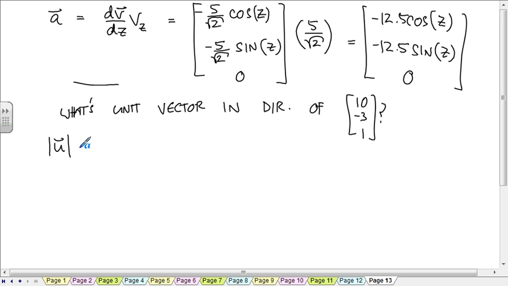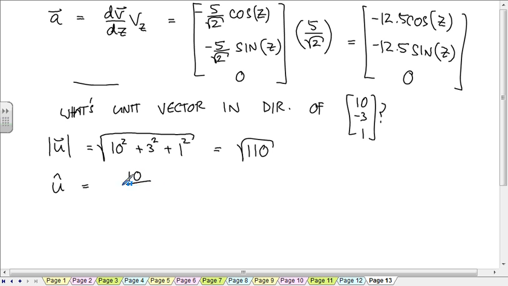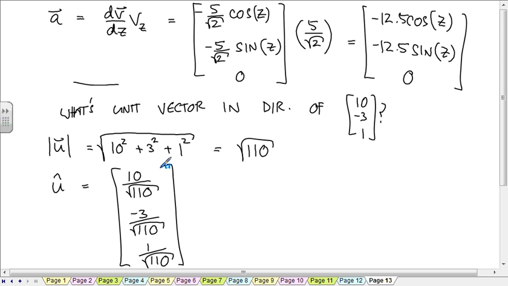The magnitude of this is the square root of 10 squared plus 3 squared plus 1 squared. So a unit vector in that direction is 10 over root 110, negative 3 over root 110, and 1 over root 110. So that's all I'm doing, just calculating that unit vector.